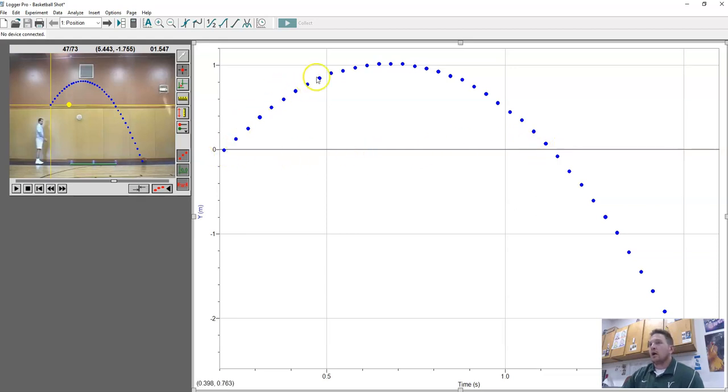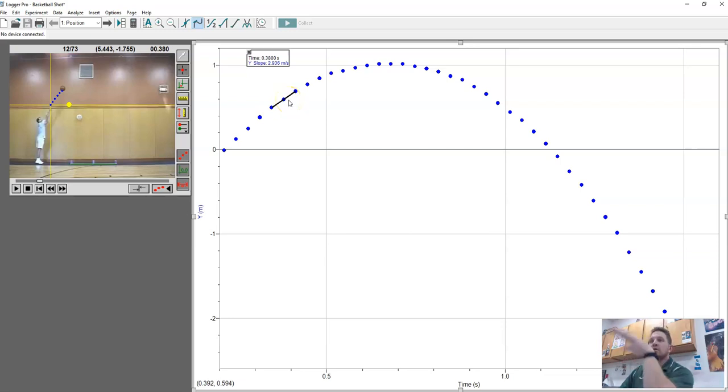Now this velocity is not constant, right? If we think about what the slope of this line is doing, I actually think I can do that. If you look at the slope at each point, the slope is 3.8, then 3.7, 3.6, 3.2.